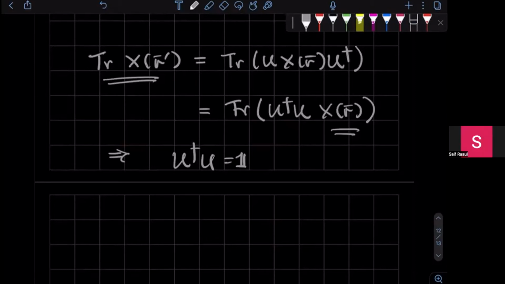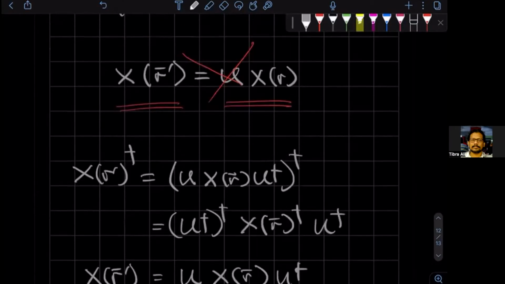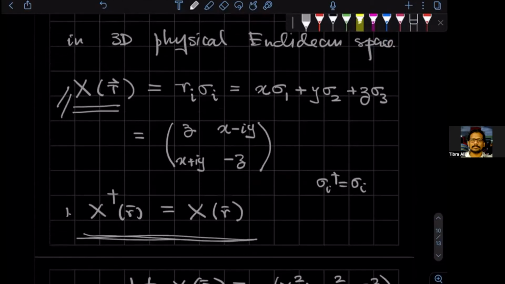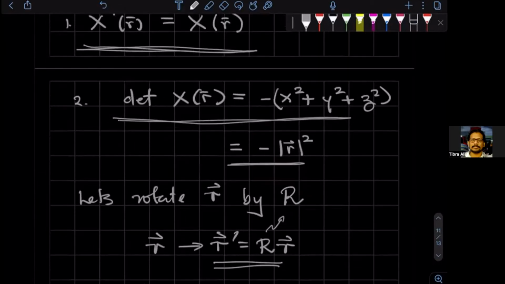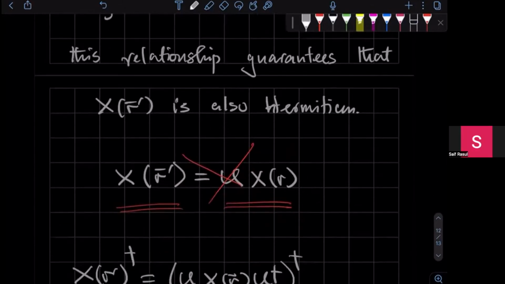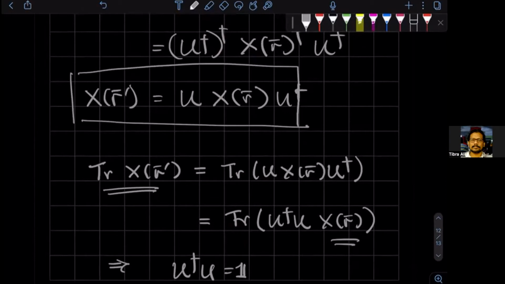I didn't get this part, actually. Yeah, that's fine. The way we have defined X, if you go back, X is traceless, right? Yes. So X of R prime is also going to be traceless, right? Yeah. But X and X prime are related via this equation, right? Yeah.